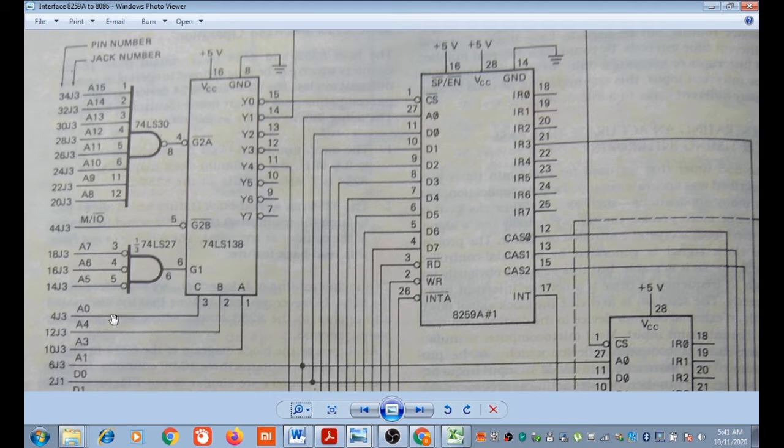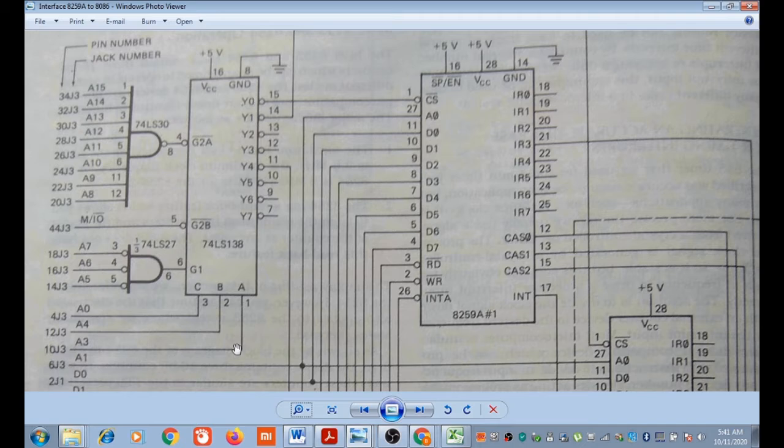C is coming from A0, that is the 8086 pin A0. B is connected to the A4 pin of 8086.